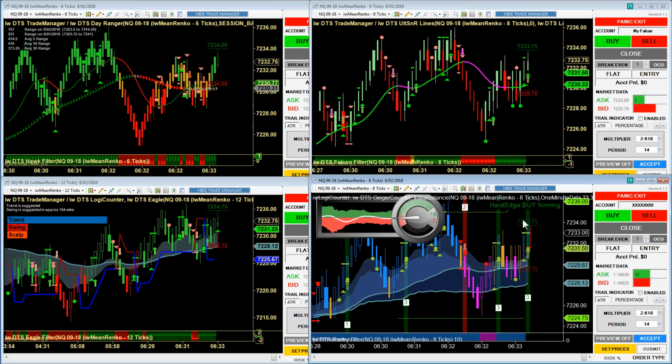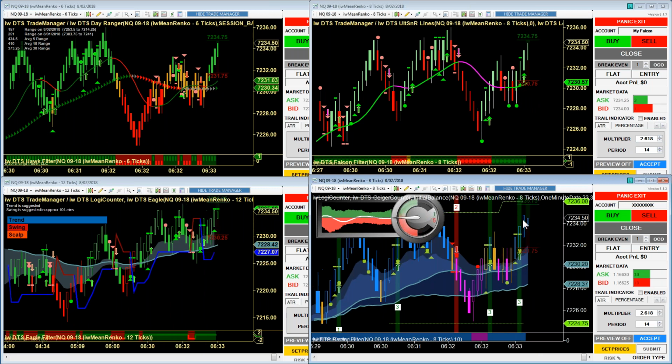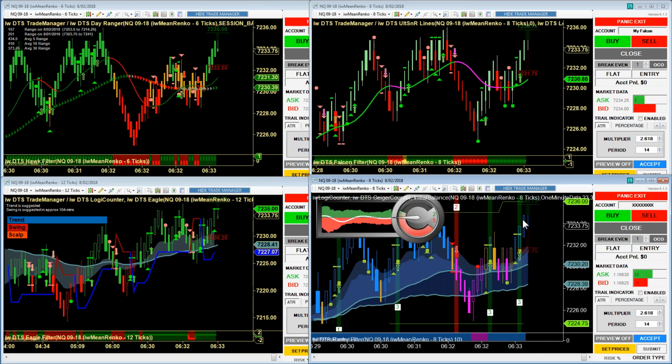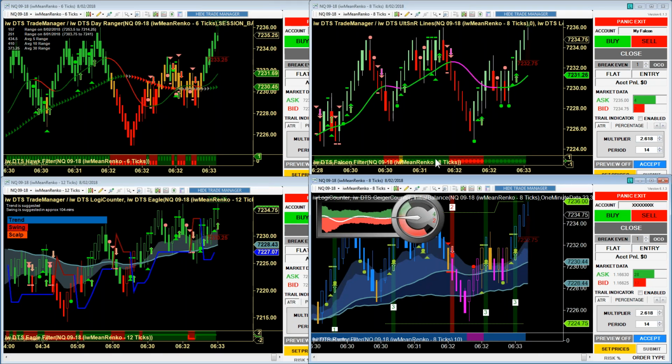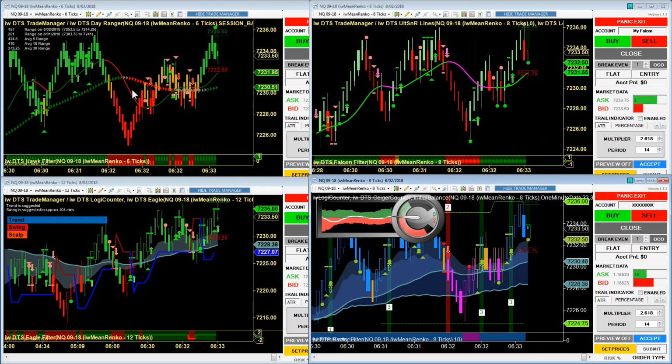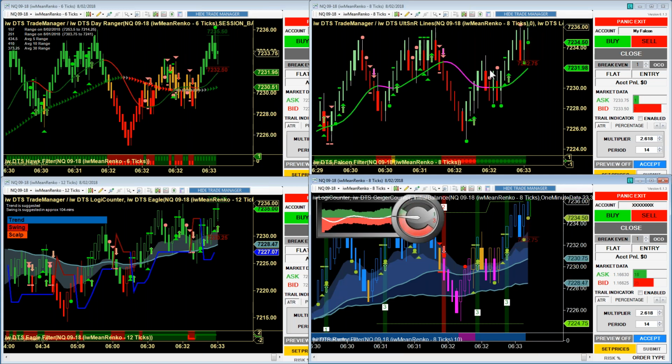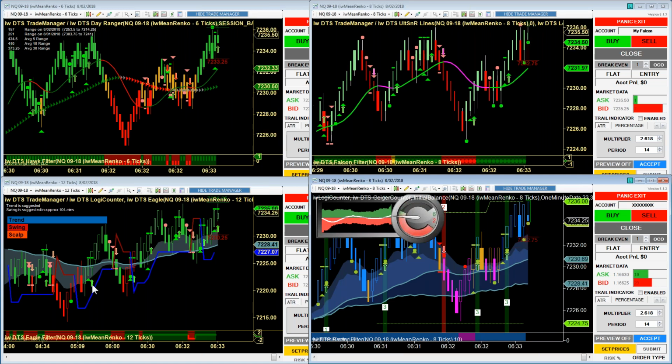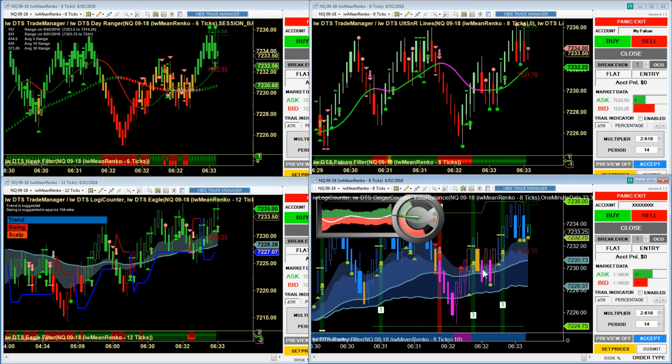So for those of you who are new in the trading room, what you're looking at here is the complete diversified trading system along with the Raptor. The diversified trading system has the Hawk micro scalper in the top left, Falcon swing trader top right, Eagle trend trader bottom left, and then of course you recognize the Raptor on the bottom right.